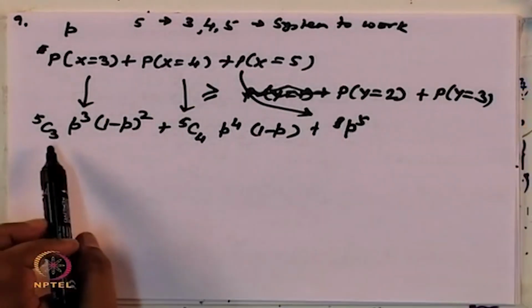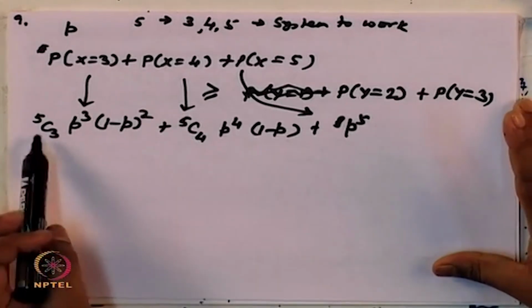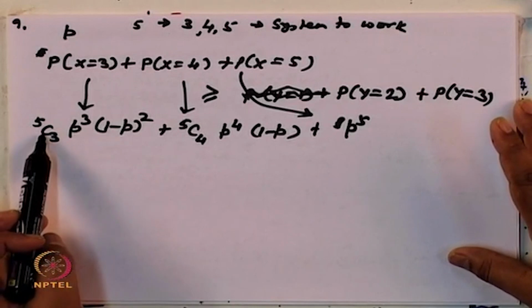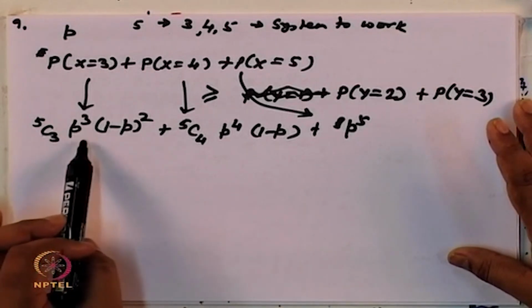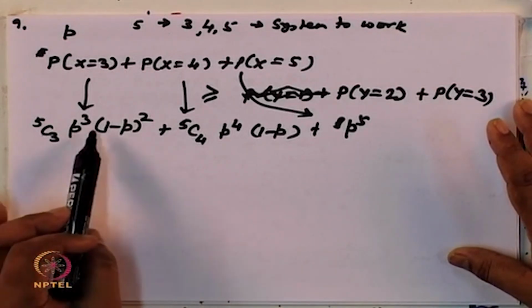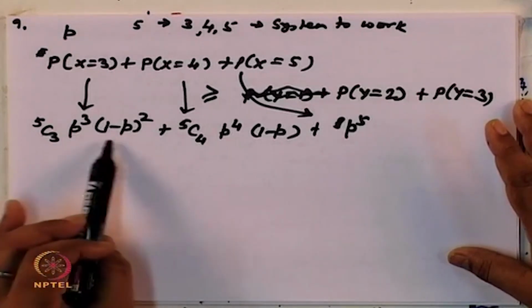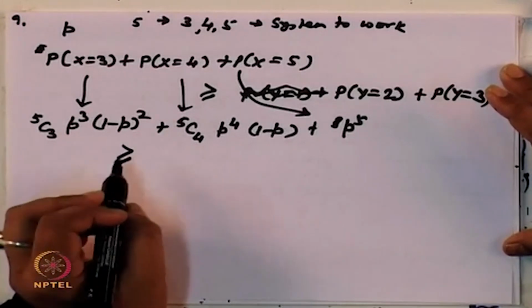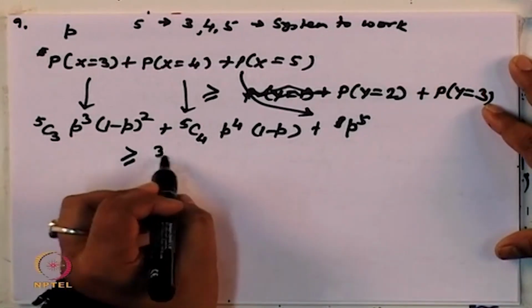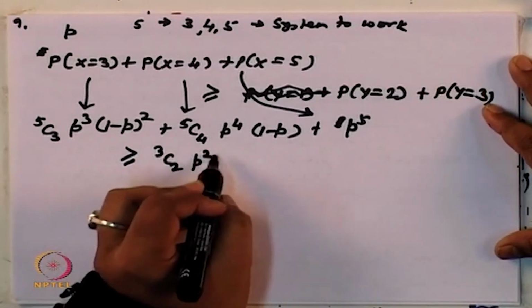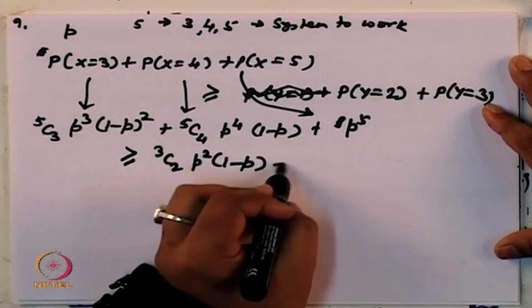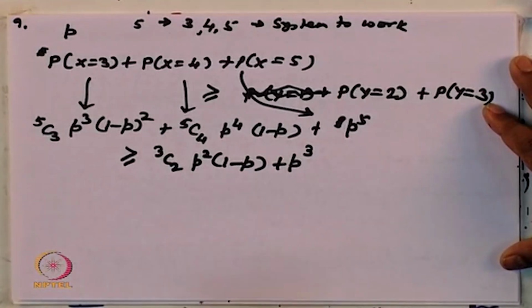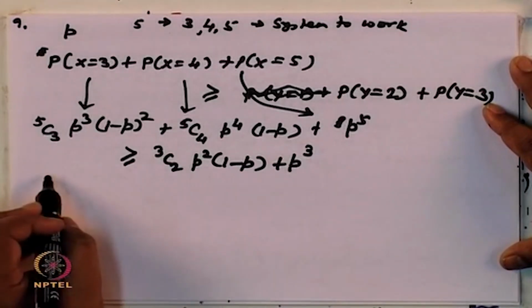For a 3 component system to work, any 3 of the 5 can be chosen in 5C3 different ways. The order does not matter, it is just a combination. Here p cubed is the probability of success of each component, and (1 minus p) is the probability of failure of the 2 other components. Okay. So, this has to be greater than 3C2 and so on. So, you can simplify this particular equation.